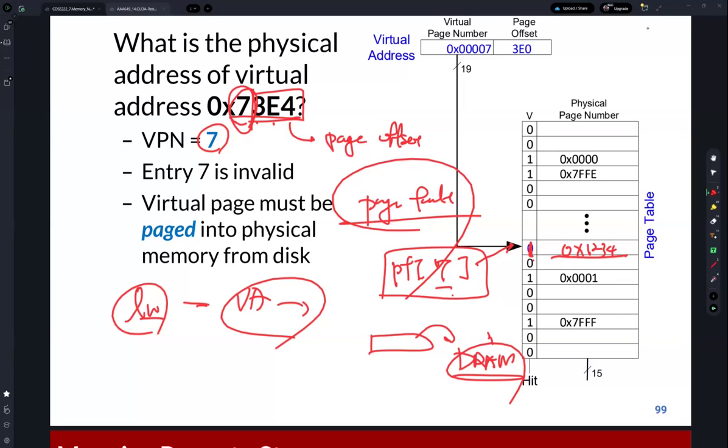After that, load word is fetched again and executed. In this case, the page table is updated, so it's valid, and we can read data from physical memory. That's how the page fault is handled by the CPU.